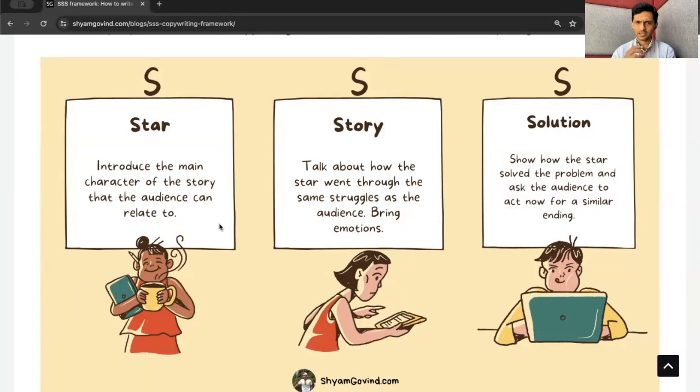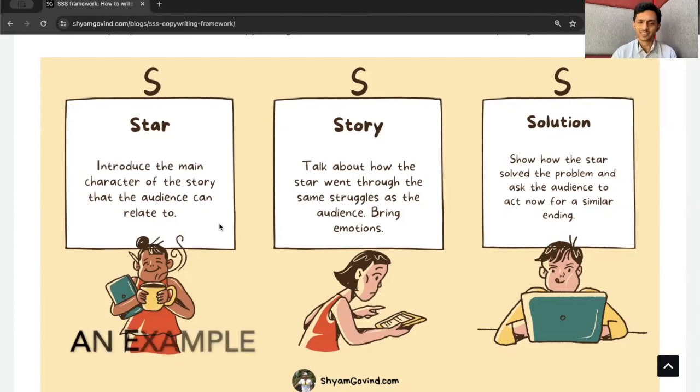Make it more visual, use words that evoke emotions, basically make it more visual whenever possible, right? And then you finally get to the solution, how the star solved the problem, and then ask the audience to do the same, right?